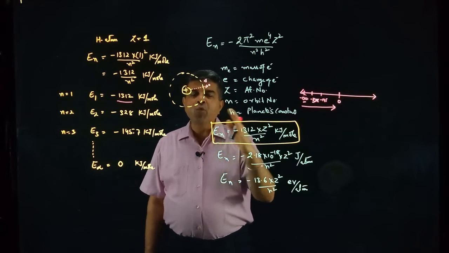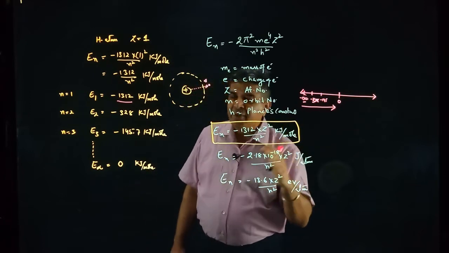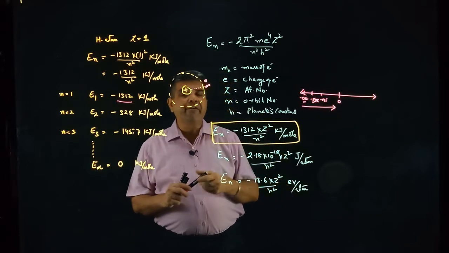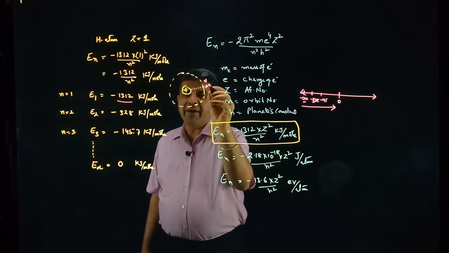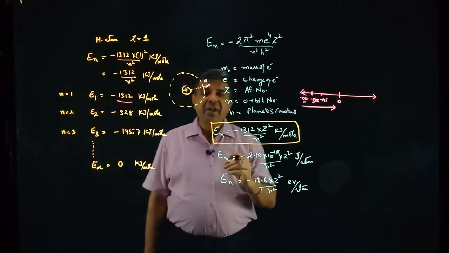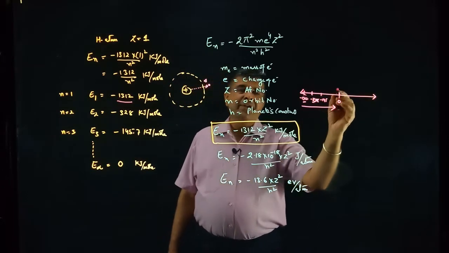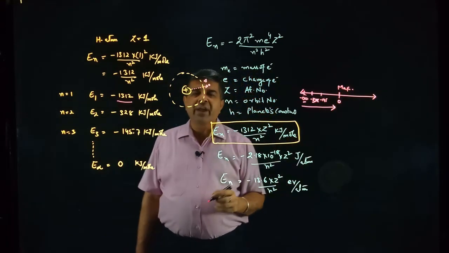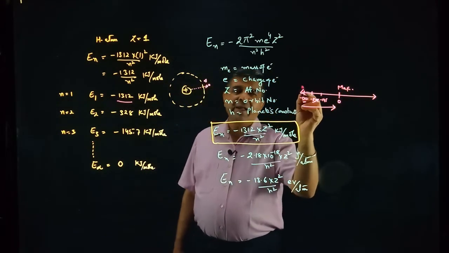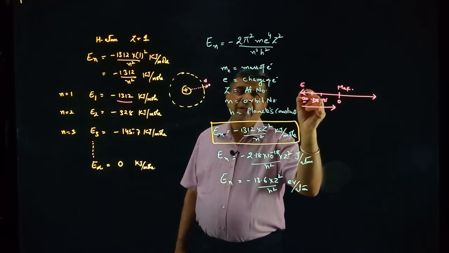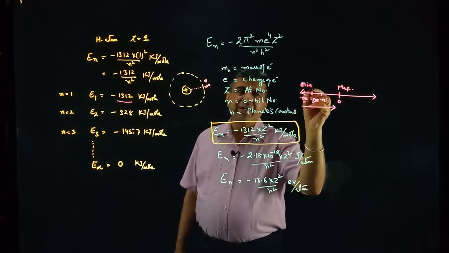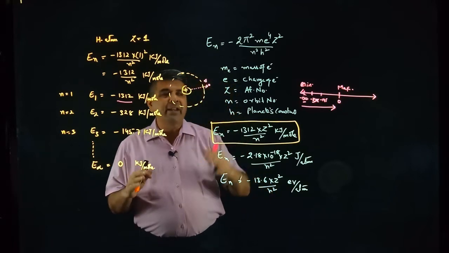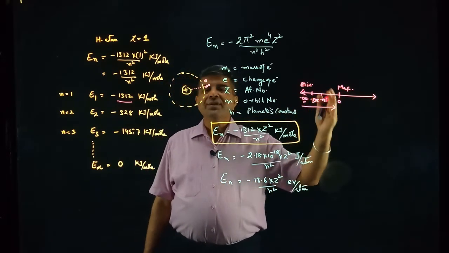But as it moves away from the nucleus, the energy of electron would increase, and when this electron reaches the infinite distance, the energy would be maximum. So at this point, energy of the electron is maximum, and in the first orbit, electron energy is minimum. It is the minimum energy when it is closest to the nucleus, and it increases as it approaches towards infinity.